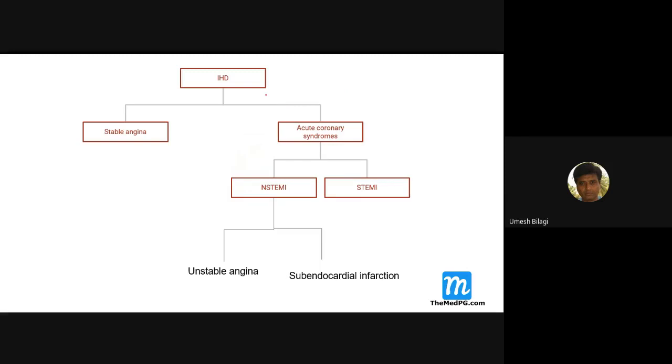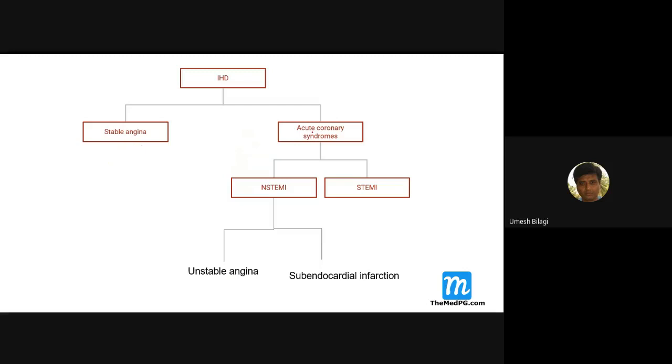Now, in ischemic heart disease, I will just focus on these things: stable angina and acute coronary syndromes. Again, acute coronary syndromes can be NSTEMI and STEMI. Stable angina doesn't have any further classification.